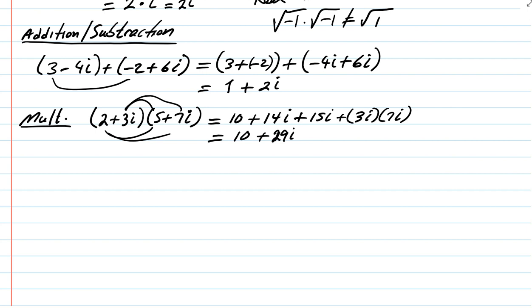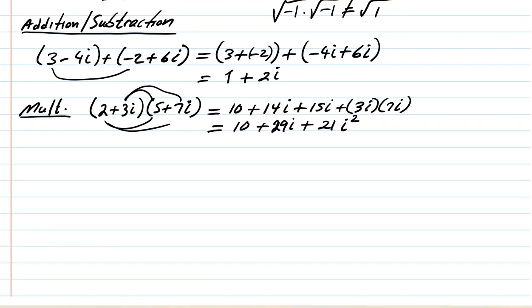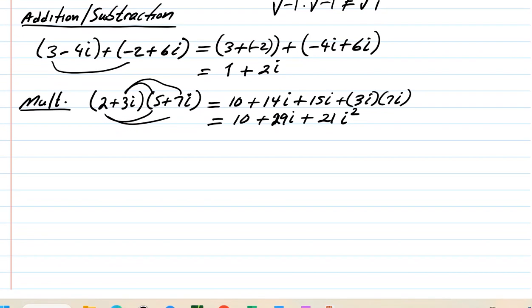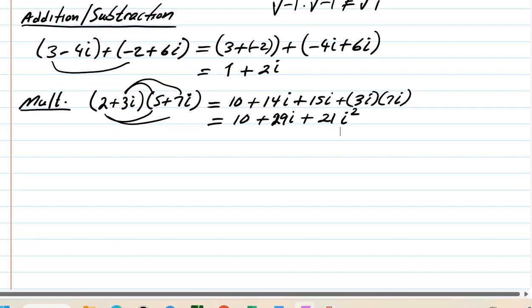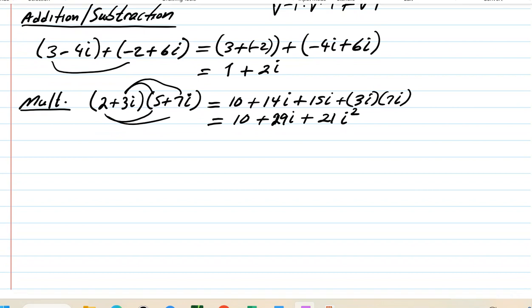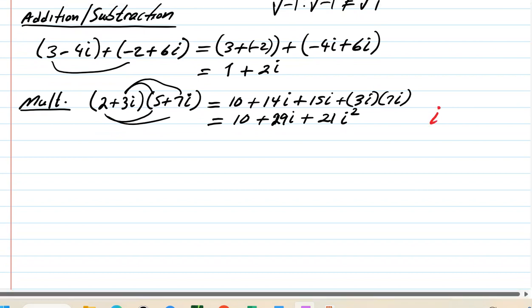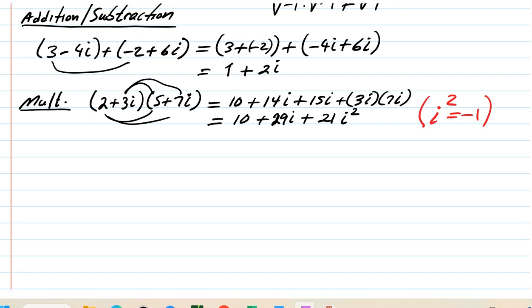Now, 3i times 7i gives me 21i squared. Remember, i squared, by definition, we said is -1, and we have that from our notation earlier.